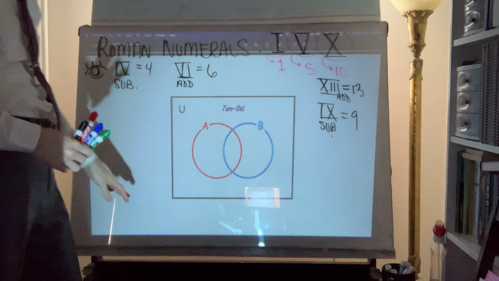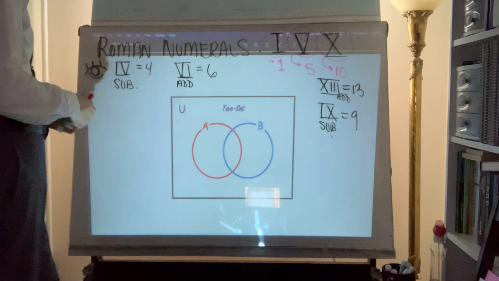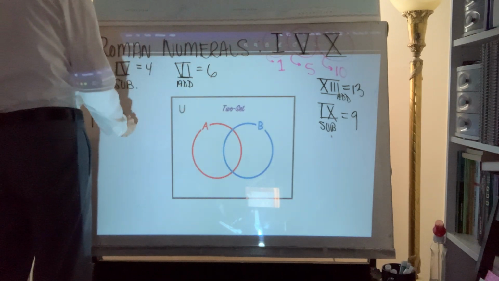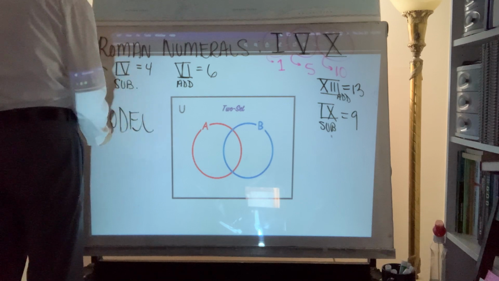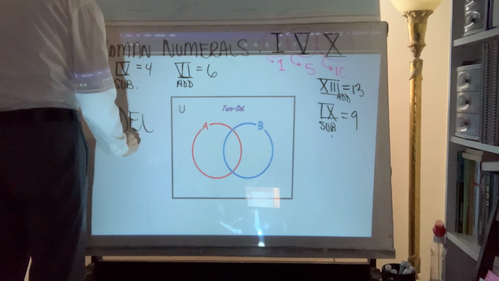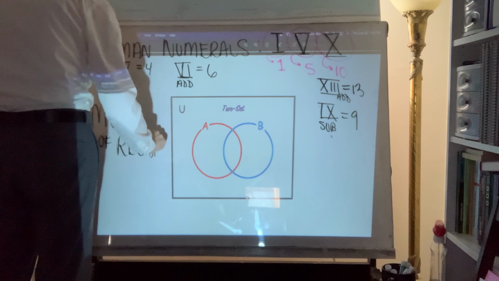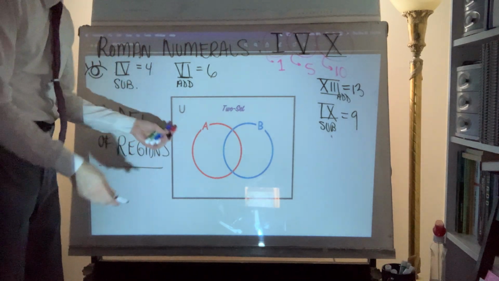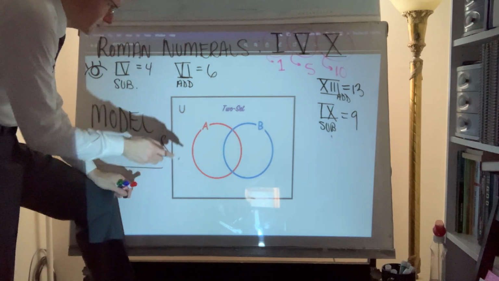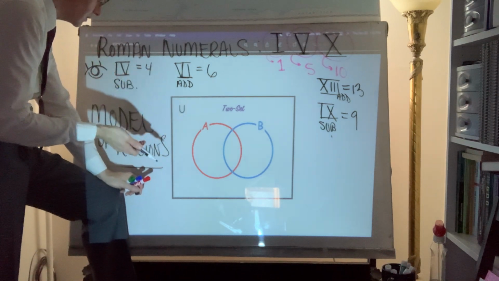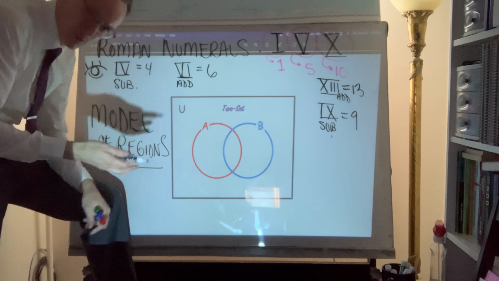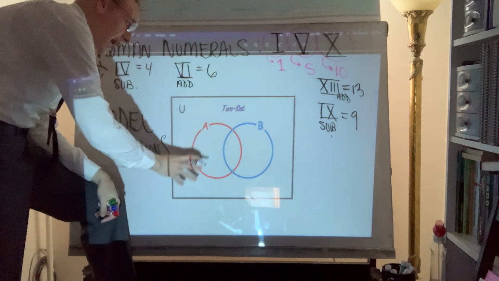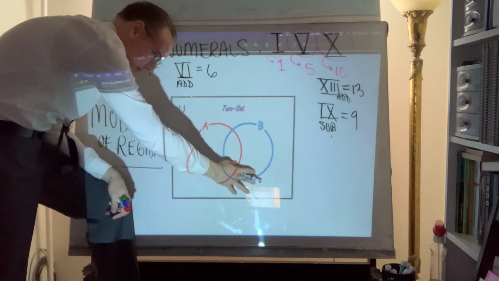The way that this model is divvied up is like so. Think of this as a model of the regions. Why bother with this at all? Because Roman numerals are not used too often anymore, so they wouldn't be intuitively confused with the actual elements that are in the set.